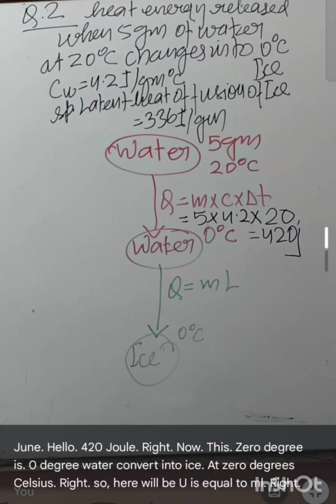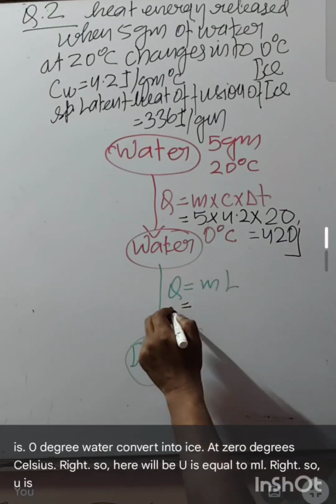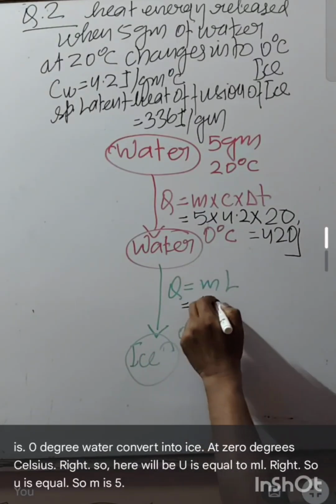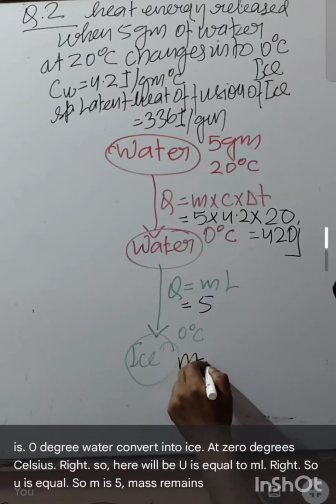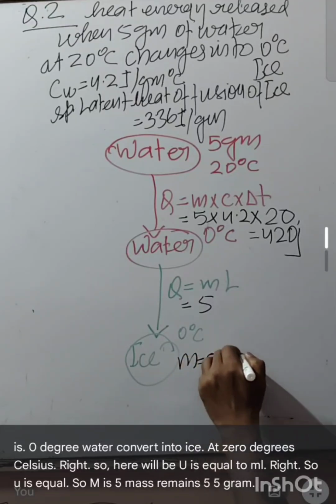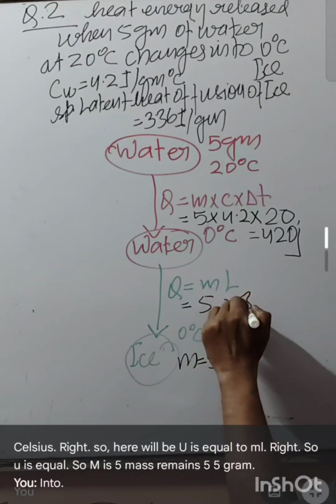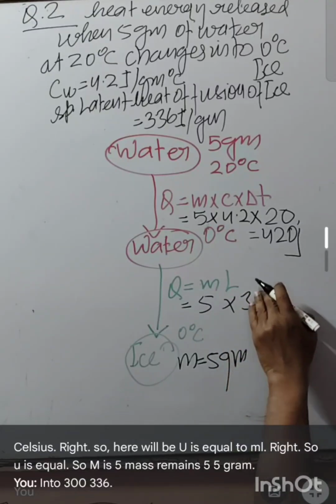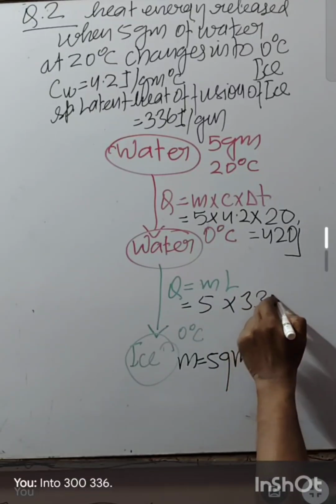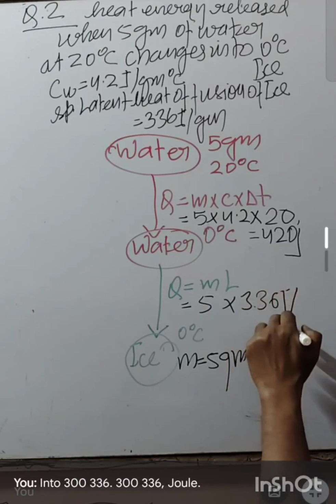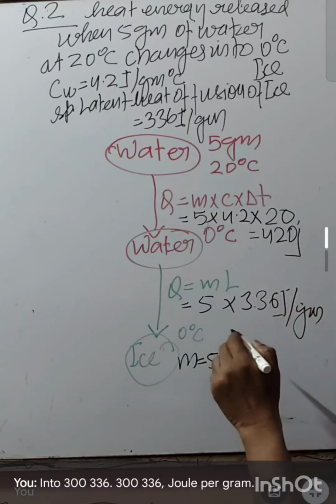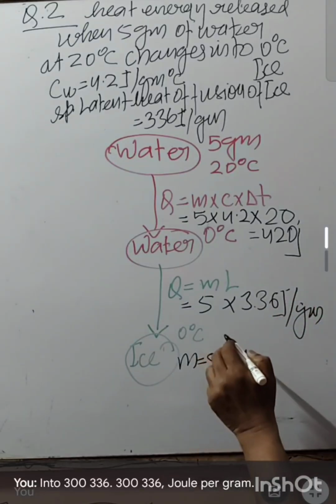M is 5, mass remains 5 gram into 336 joule per gram. ठीक है?